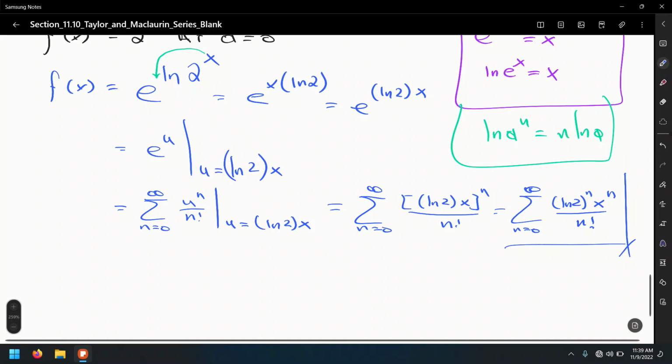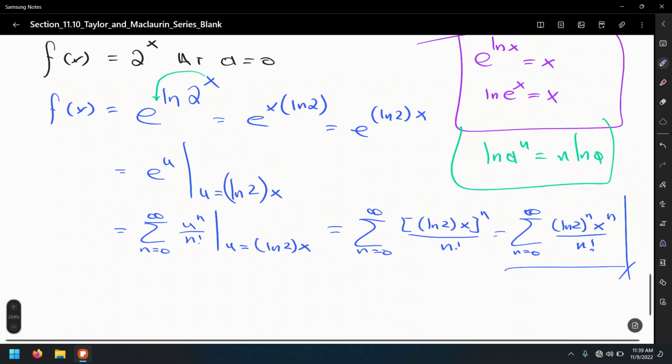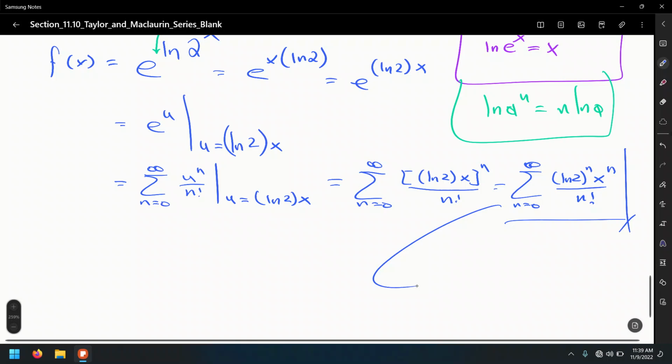Now, we did this just for the function 2 to the x. What if we have instead 7 to the x, 5 to the x, 93 to the x? Well, you can generalize this result and just change the number in the logarithm. In general, a to the x is the sum from n equals 0 to infinity of ln of a to the n power, x to the n, over n factorial.